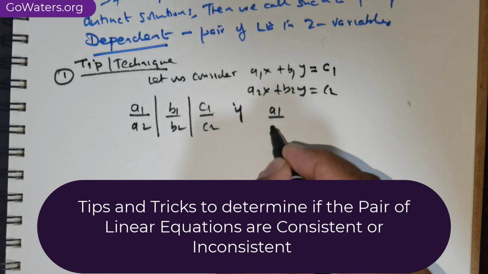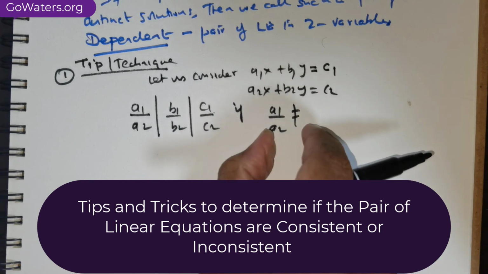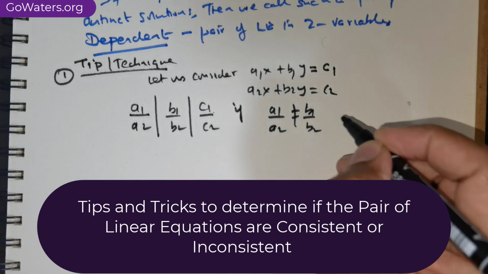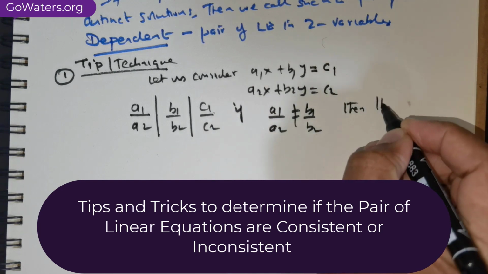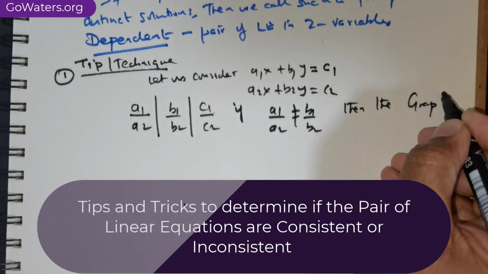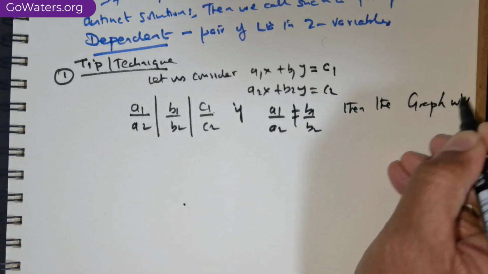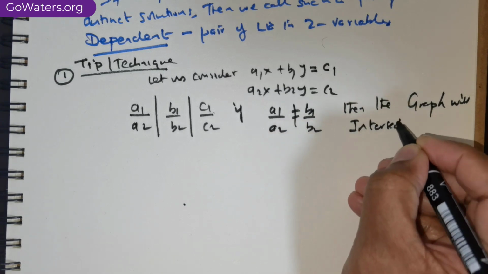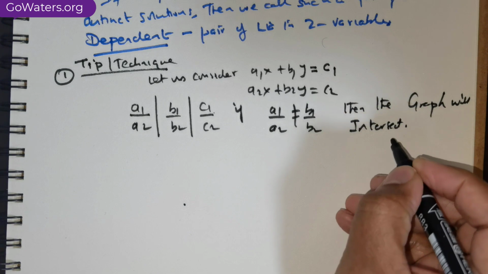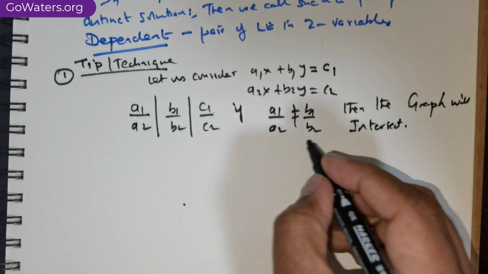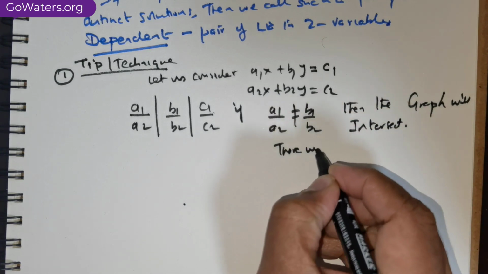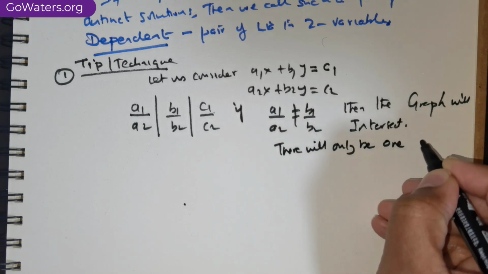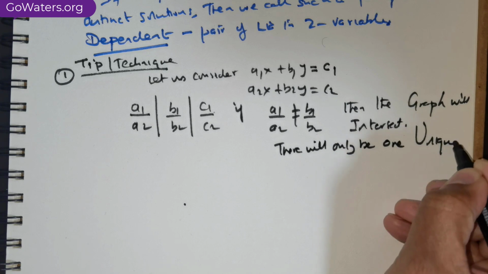If a1 over a2 is not equal to b1 over b2, then the graphs will definitely intersect, and that will mean there will only be one unique solution.